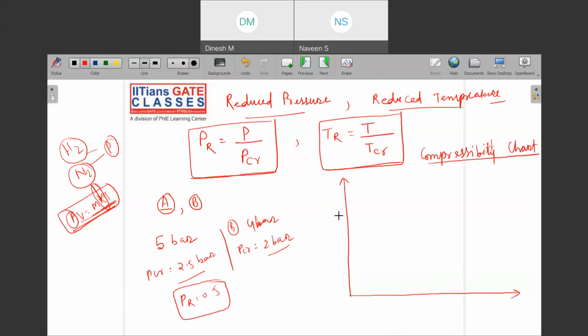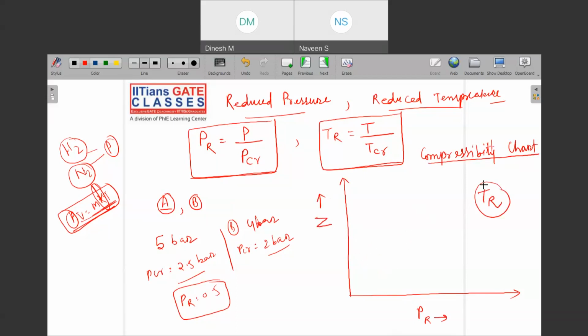It is drawn for whom? Here you have compressibility factor and here we have P reduced. And then obviously here we will be having temperature, T reduced lines, constant TR lines. Got the idea what is a compressibility chart?